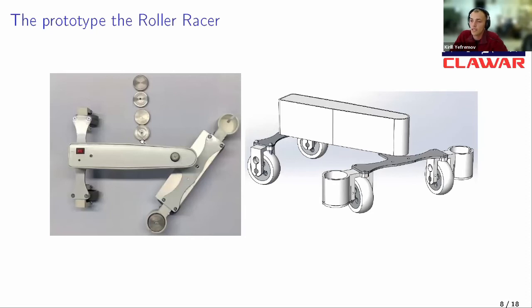To investigate the roller racer, we made a prototype. This is the robot. As you can see, we placed some kind of cup on both sides of the second platform.